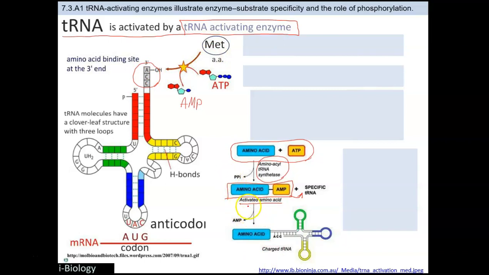And by the release of the AMP, the energy stored in the amino acid, which made it activated, is used, and the amino acid can be attached to the ACC acceptor site. That's all.